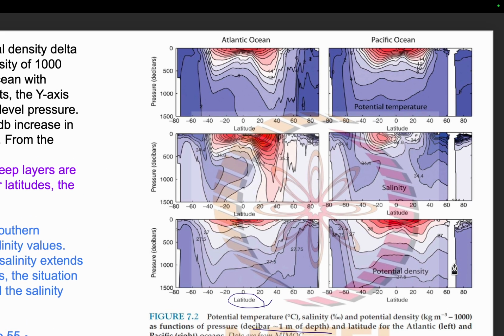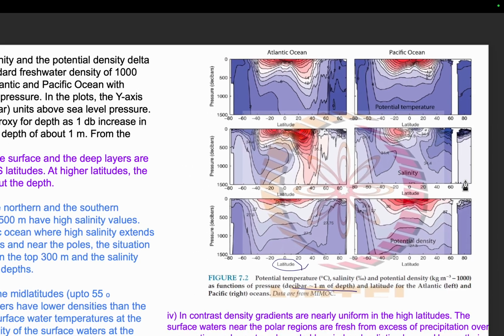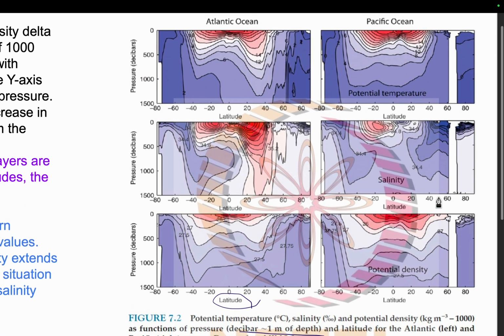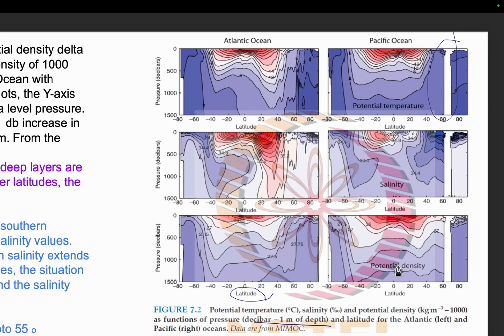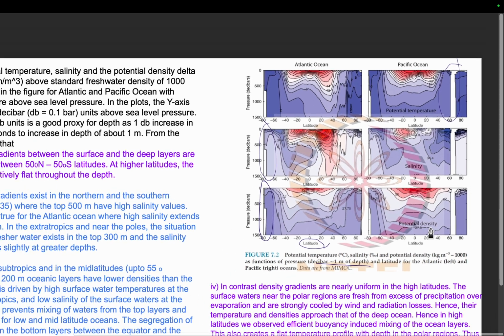Is there a continent? I have to check. I have not seen that. Maybe there is a continent. Here above 80 degrees there is some white spot. Yes, I will check that. Why this white spot is there, ma'am, presently I do not know.